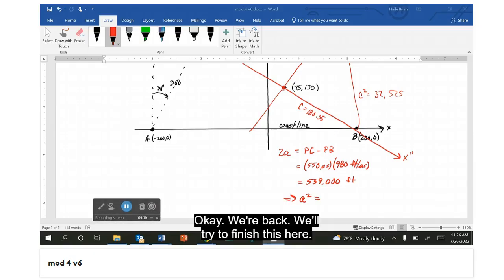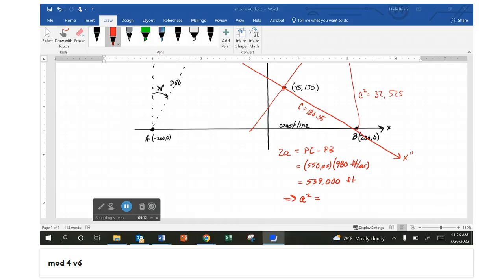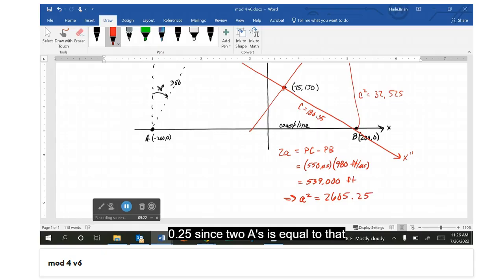Okay, we're back. We'll try to finish this here. So A squared is equal to 2605.25, since 2A is equal to that 539,000 feet.